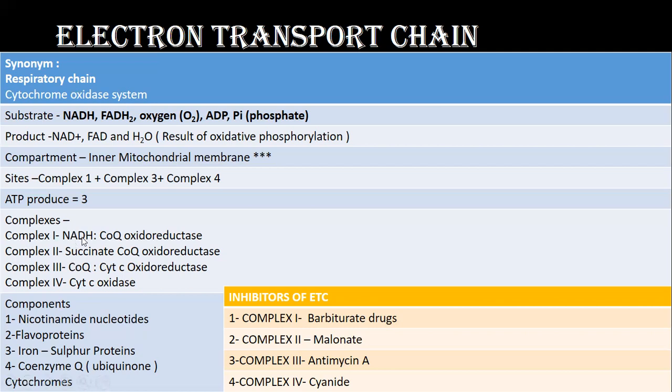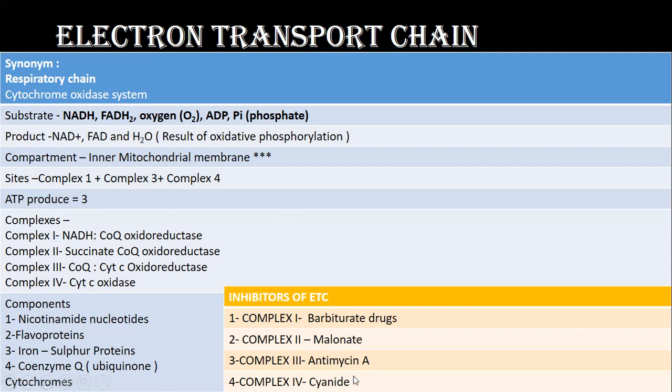Complexes: complex 1 is NADH CoQ oxidoreductase. Complex 2 is succinate CoQ oxidoreductase. Third is CoQ cytochrome C oxidoreductase, and 4 is cytochrome C oxidase. Components are nicotinamide nucleotides, flavoproteins, iron-sulfur proteins, coenzyme Q, that is ubiquinone, and cytochromes.